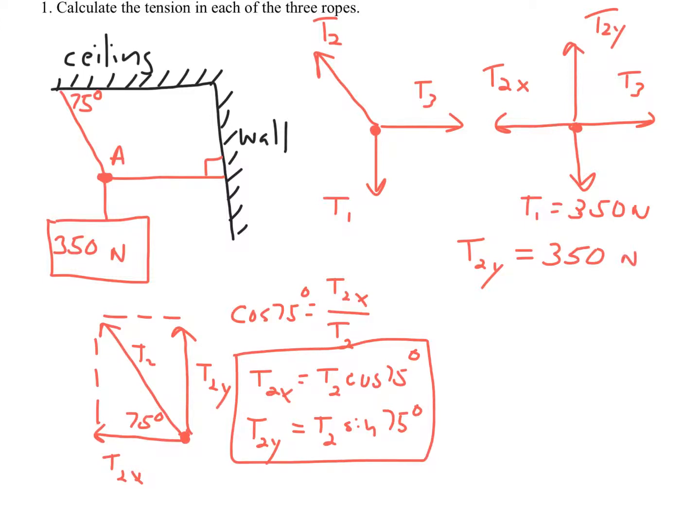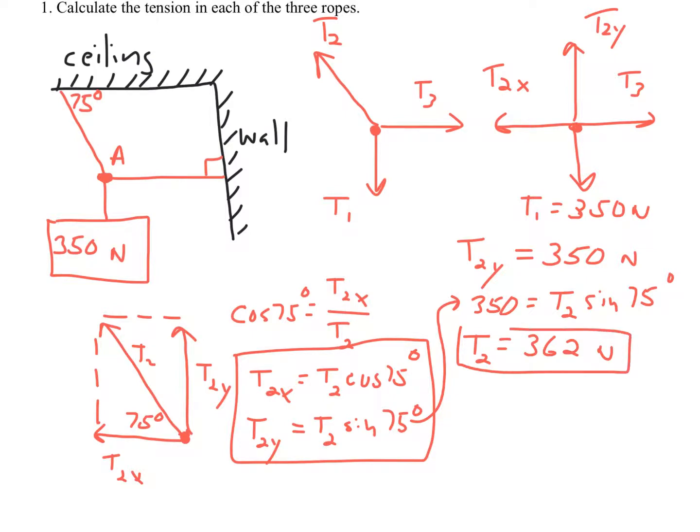And now we have T sub 2y, which is now 350 newtons, equals T sub 2 times the sine of 75 degrees. We can solve for T sub 2. We get T sub 2 equals 362 newtons. Alright, it's one of our answers. And we already knew that T sub 1 was 350. So we have 2/3 of the problem done.